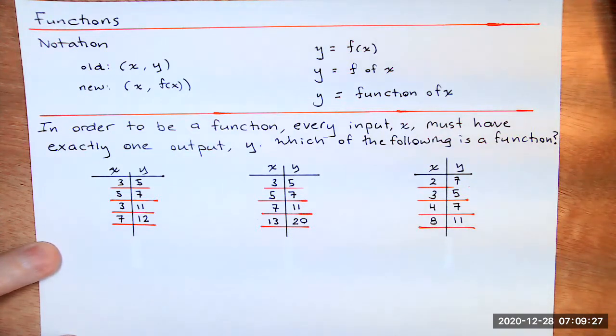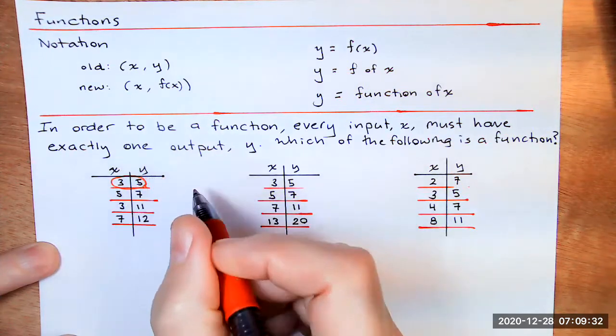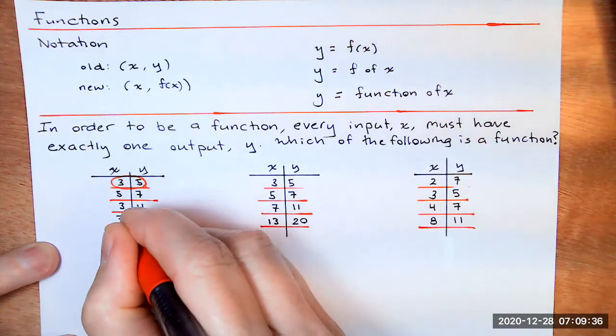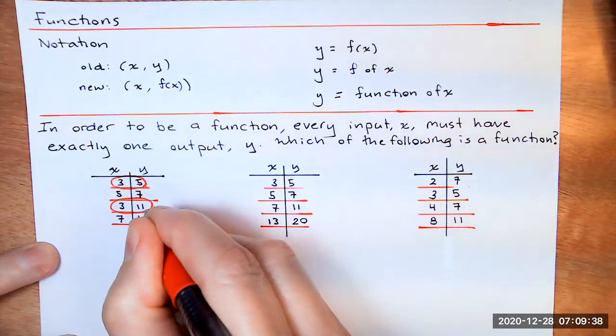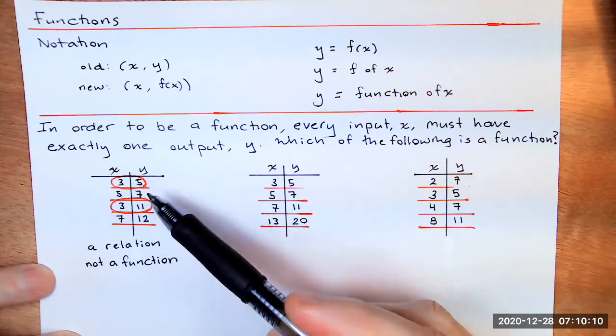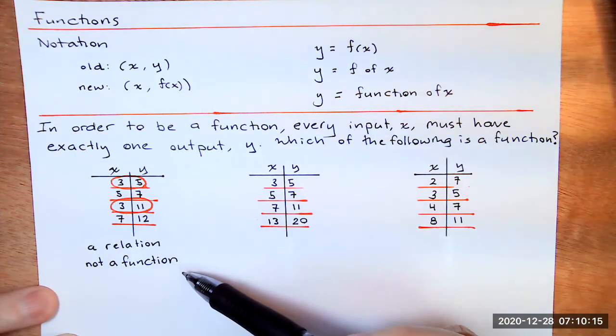If you said no, you would be correct, because sometimes when x is 3, y is 5, and other times when x is 3, y is 11. So we would call this a relation, not a function.